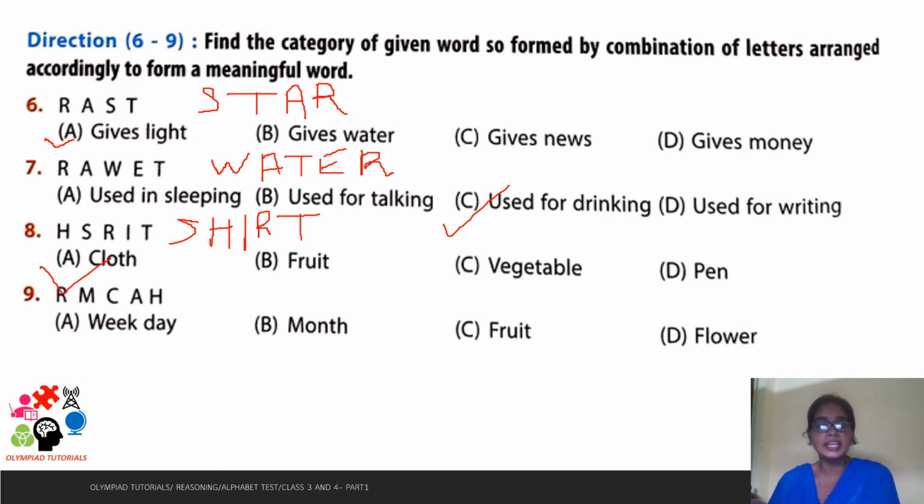It may be a weekday, month, fruit, or a flower. If you look carefully, it might take 1 to 2 minutes. And if you have good practice of unscrambling words, then very easily you can identify which word is given. So this is M-A-R-C-H, March. So March is a month. Okay children, very easy. We'll move on to the next.